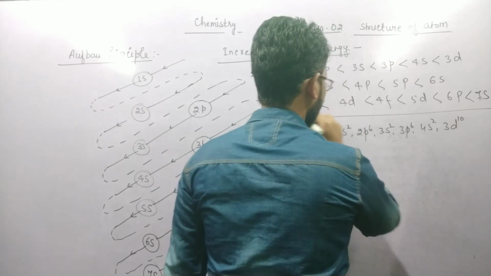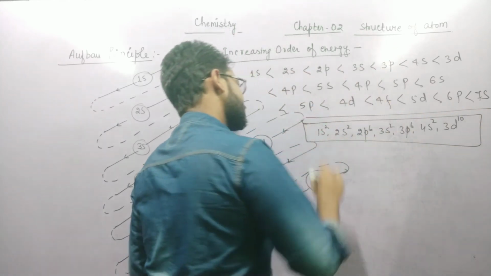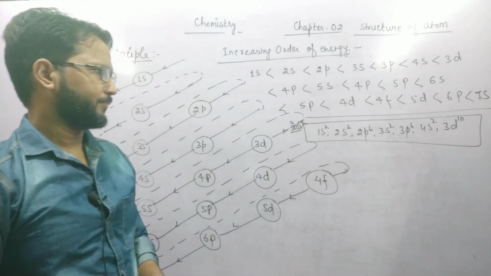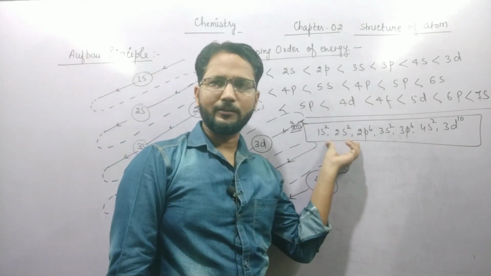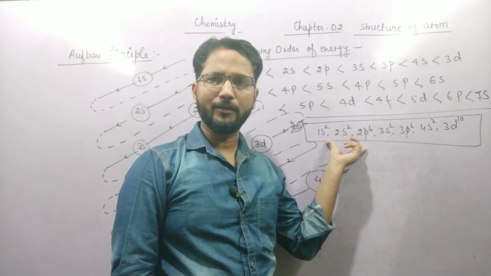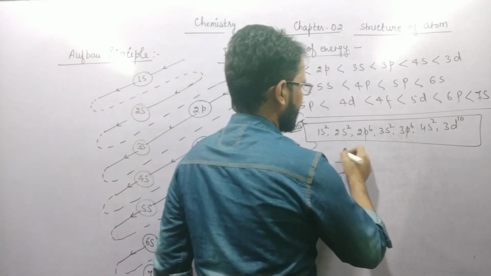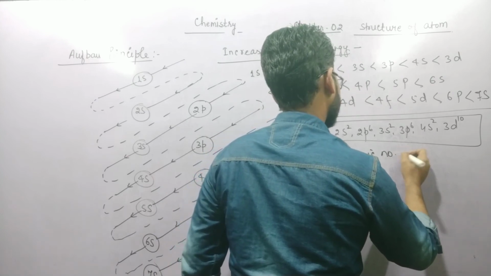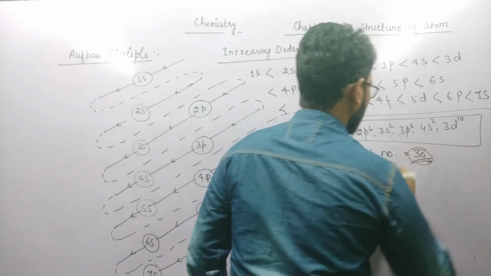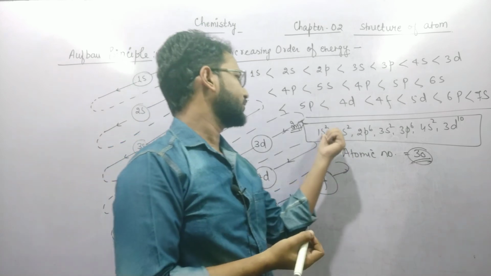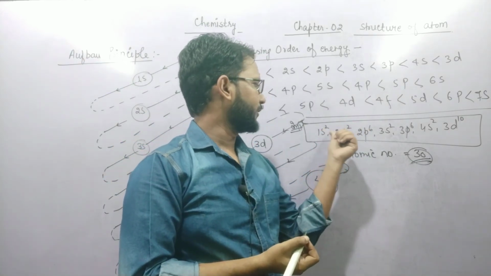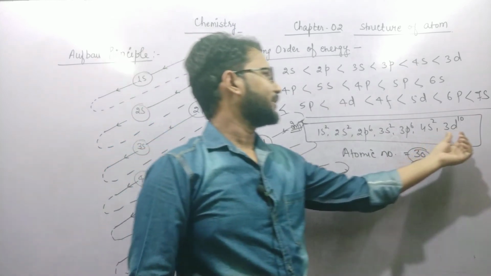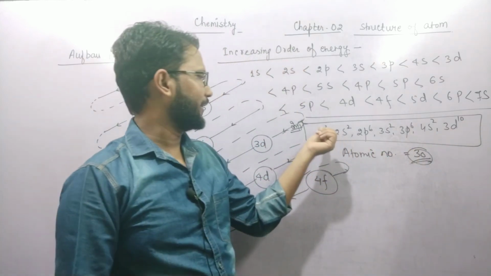This is the important electronic configuration for you, so always remember it. It is applicable up to atomic number 30. Is it clear? For atomic number 30 we should use this electronic configuration, 1s2, 2s2, 2p6, 3s2, 3p6, 4s2 and last 3d10. The total electrons are 30.